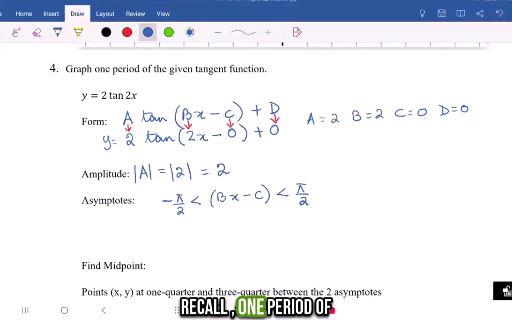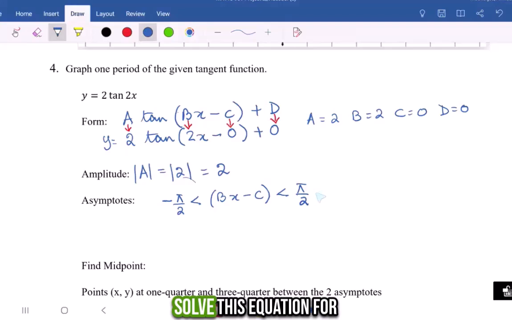If you recall, one period of the tangent function occurs between negative pi over 2 and positive pi over 2. That is for the basic tangent function. The tangent function has a period of pi units, and one of the periods occur between negative pi over 2 and positive pi over 2 in the basic tangent function.